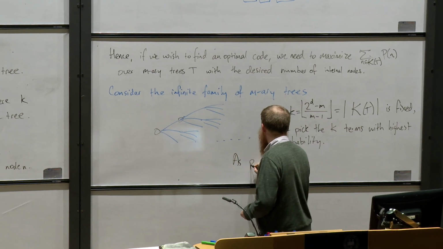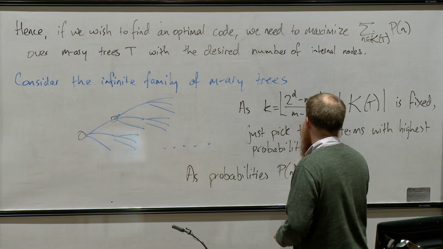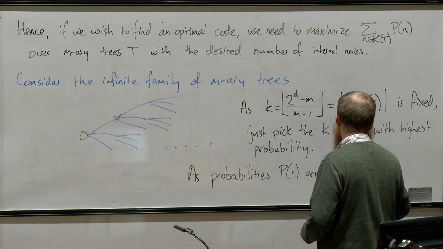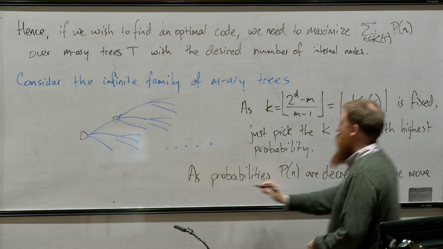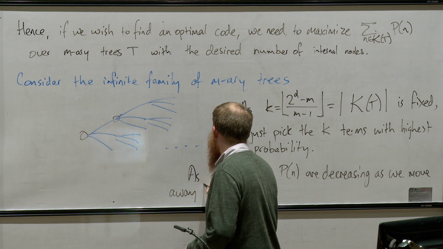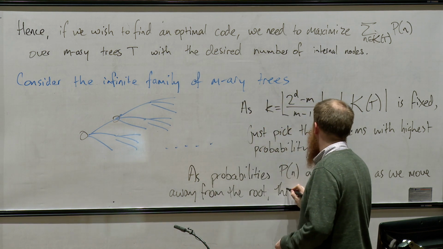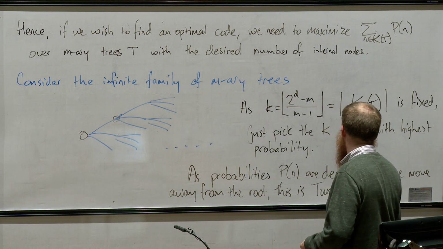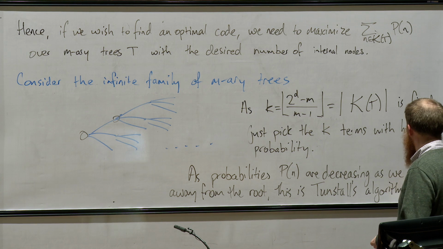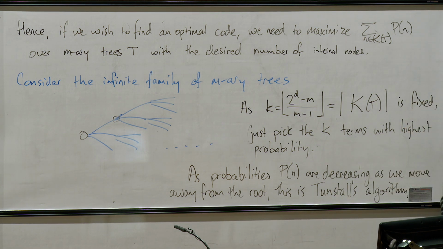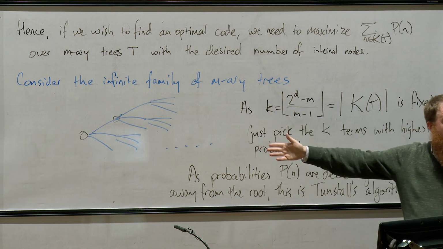So as probabilities are decreasing as we move away from the root, this is Tunstall's algorithm. It just selects the k terms with the highest probabilities.